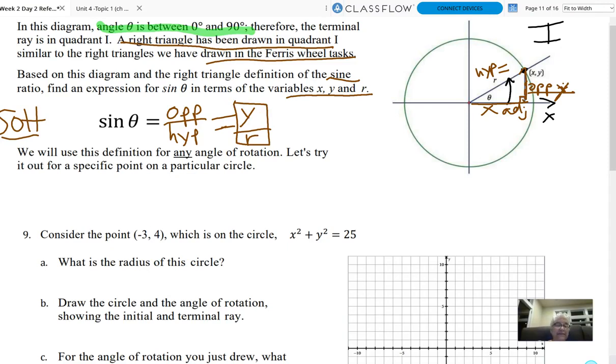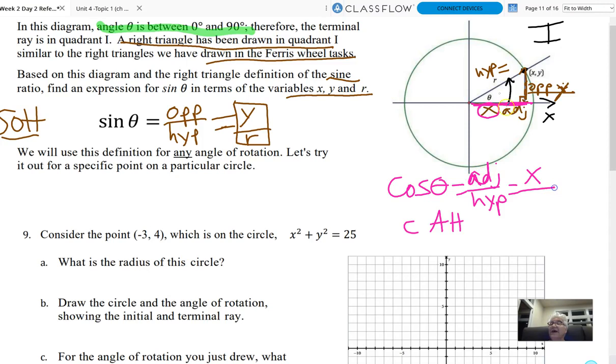We can do the same thing with cosine. Cosine theta is our CA in SOHCAHTOA, which means adjacent over hypotenuse. But now, since I'm switching the definition to the unit circle, adjacent is not described as adjacent anymore. Adjacent is described as x. Hypotenuse is the same as the radius.